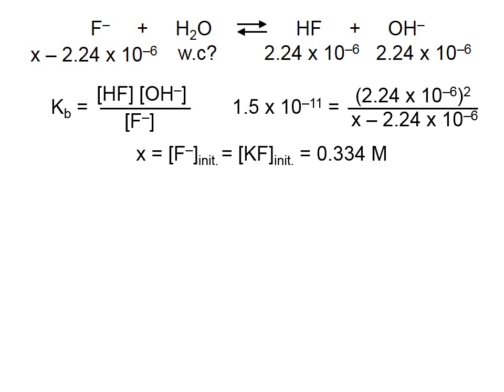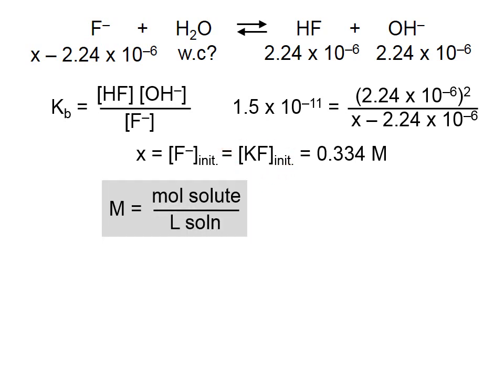That is the initial concentration of the fluoride ion, which, because we have 100% dissociation, was also the initial concentration of the potassium fluoride. Now, what we need is what mass of potassium fluoride was dumped in.